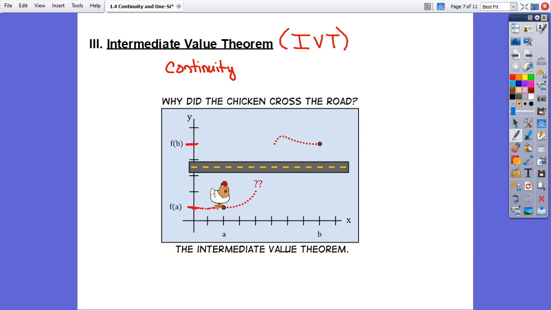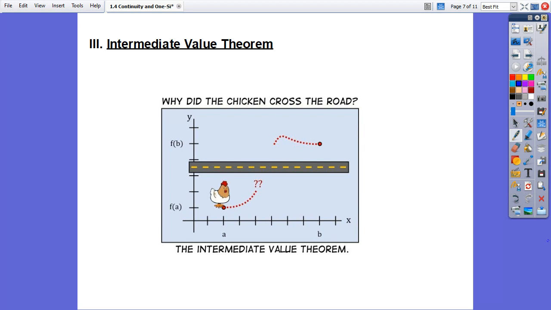There's no way the chicken can avoid the road, as much as it tries, but in order to get over here, it has to at some point cross the road at least once. Remember, it could cross it a whole bunch of times, but it has to cross it at least once. And that's what IVT is saying. It's a very intuitive theorem dealing with continuity.